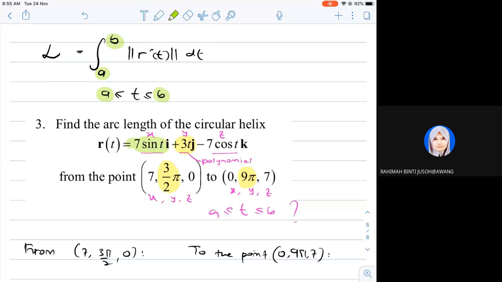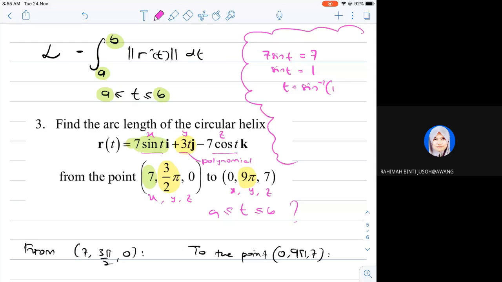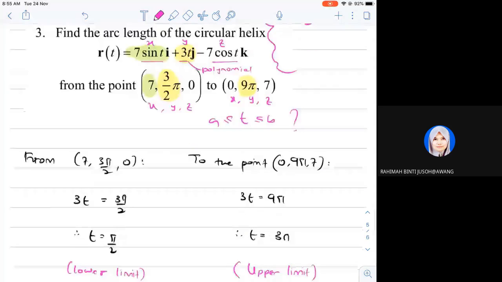This is extra notes. 7 sin t equals 7 for the starting point, so sin t equals 1, so t equals arcsine of 1, which is pi over 2.